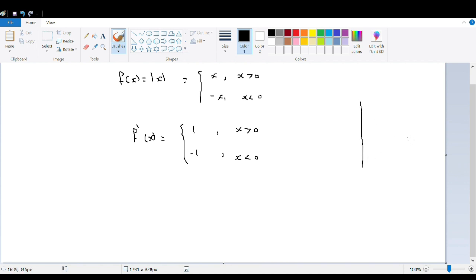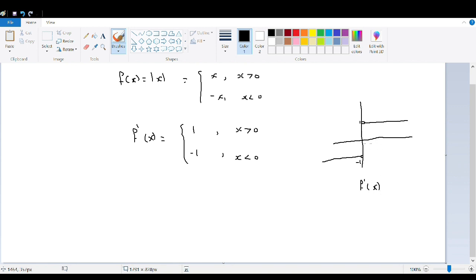And the graph of the tangent line, or the graph of the slope, will be 1 when x is greater than 0, so here at the point 1, and minus 1 when x is less than 0. So here we have minus 1.